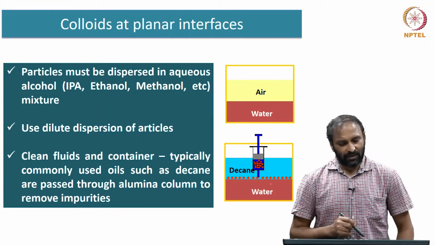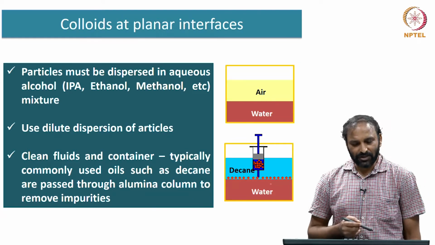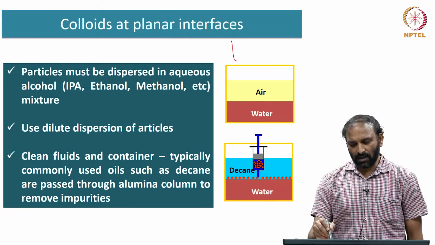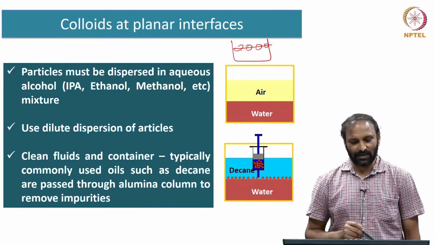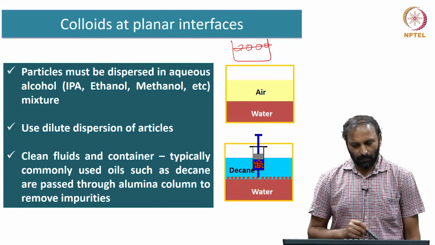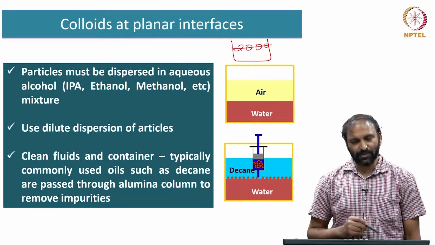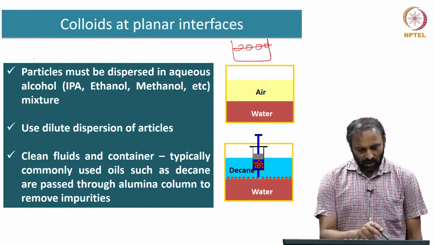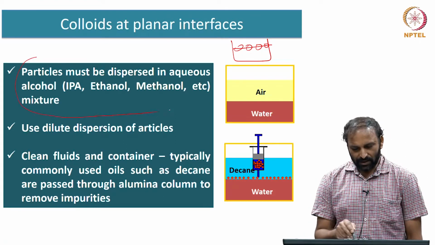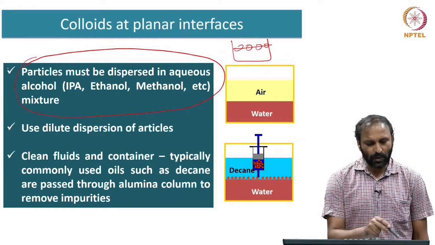The second method of achieving a particle-laden interface, or interfaces containing particles, is by deposition of particles at the interface. So, for that, the particles must be dispersed in an aqueous alcohol solution.